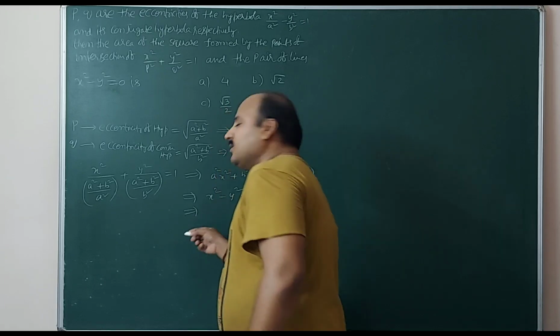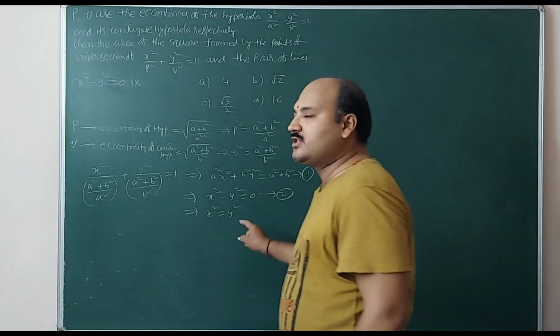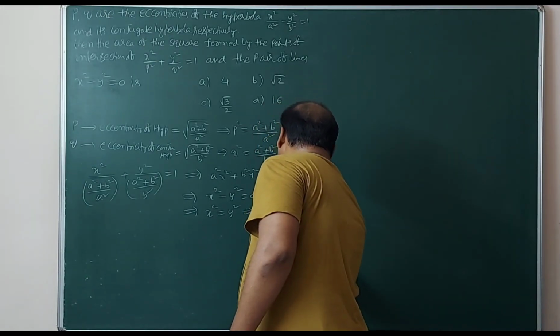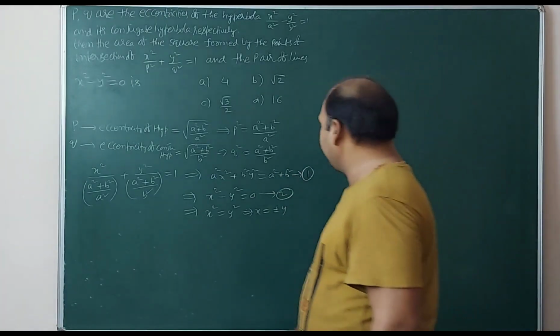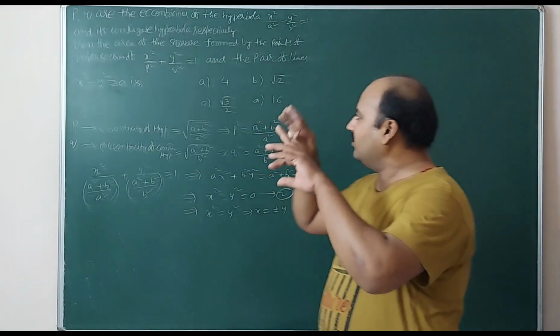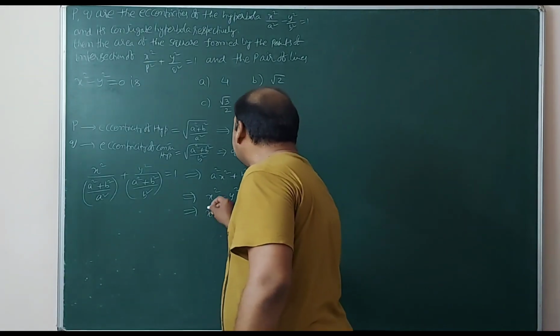So from this, x square is equal to y square. First substitute and get it. So x is equal to plus or minus y will come. Because the area of a square means in the geometry, plus minus all the coordinate axes you consider.